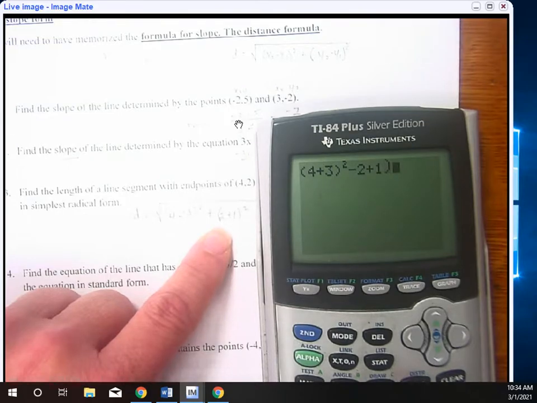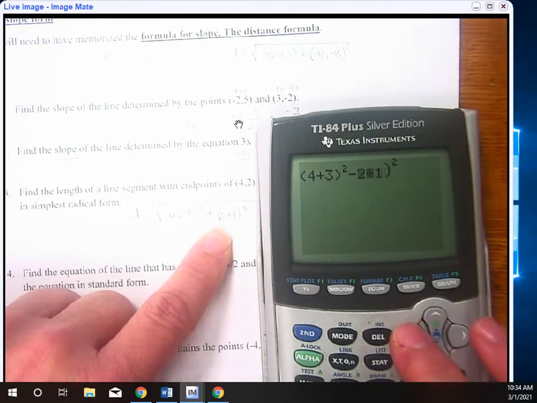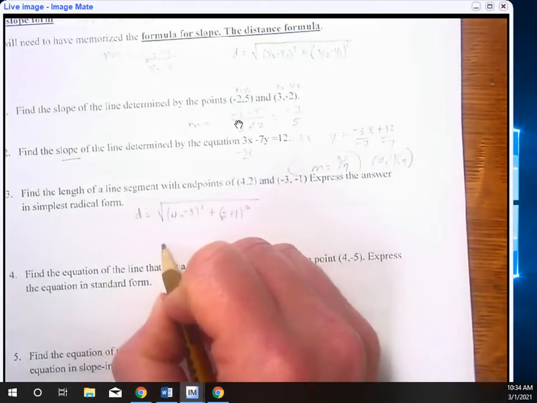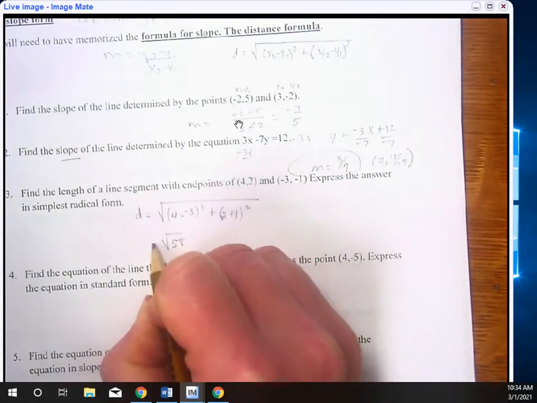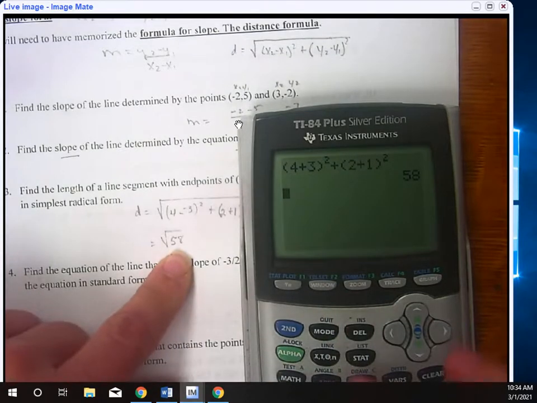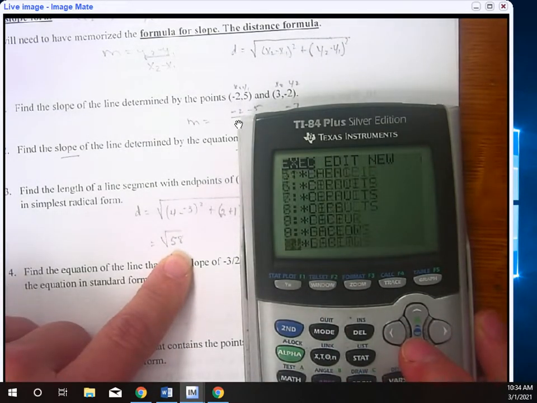Plus 1 quantity squared. That's a square, and that's supposed to be a plus. So I have 58. And you're going to look for simplest radical form. So we're going to program, go down to radical 2.